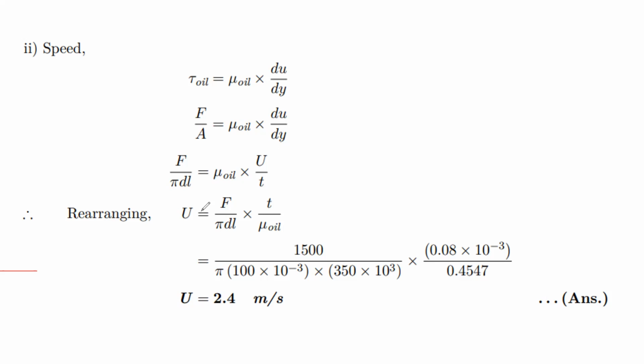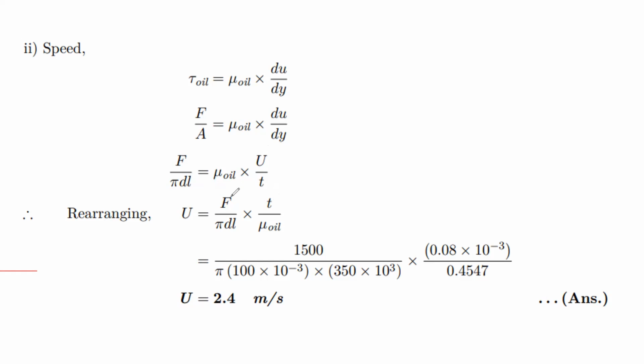Now rearranging, I need u. Rearranging this equation, u is equal to force by pi d l multiplied by t; mu towards the left side will go to the denominator. It will become thickness divided by mu oil.